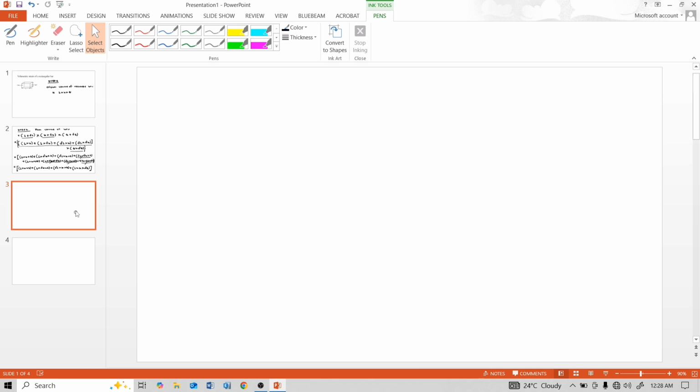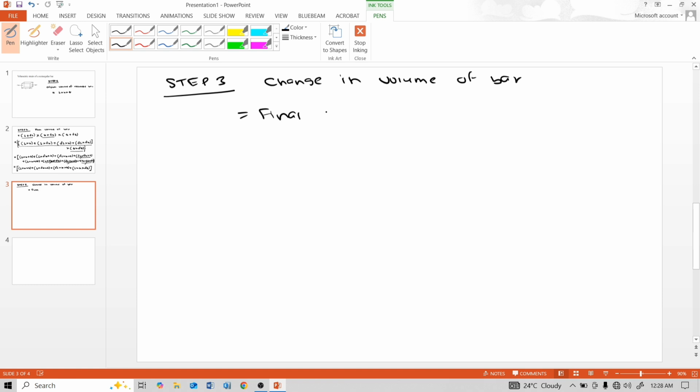So step 3, change in volume of bar is equal to final volume minus initial volume. Final volume we calculated in step 2 and initial volume we calculated in step 1.